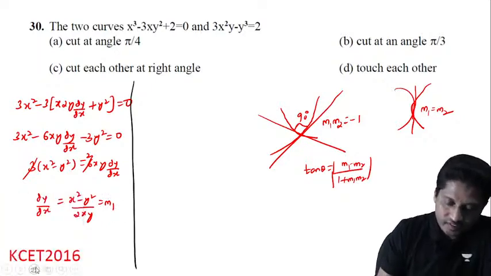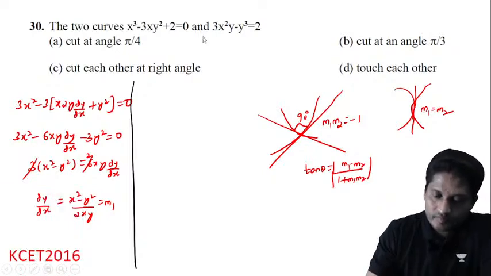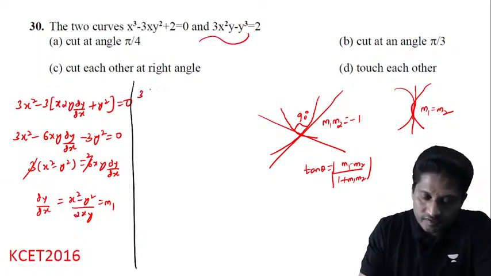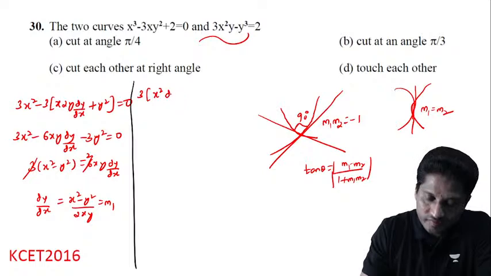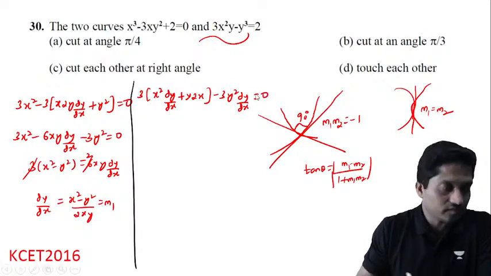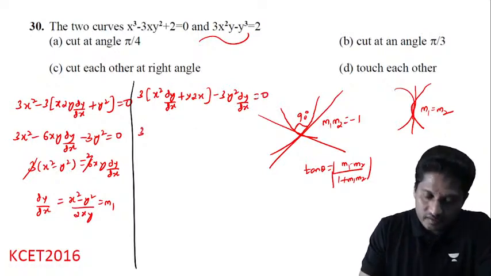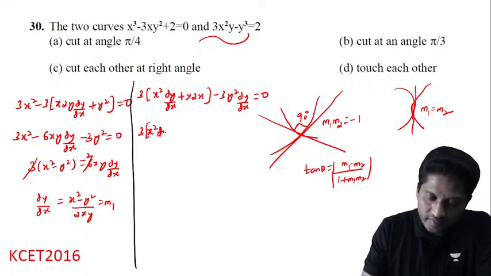If I differentiate the second curve, 3 is a constant, first function is x square, differentiation of y is dy by dx, plus second function is y, differentiation of x square is 2x, y cube is 3y square into dy by dx is equal to 0. Now this can be written as 3 times x square dy by dx plus 2xy equal to 3y square into dy by dx.